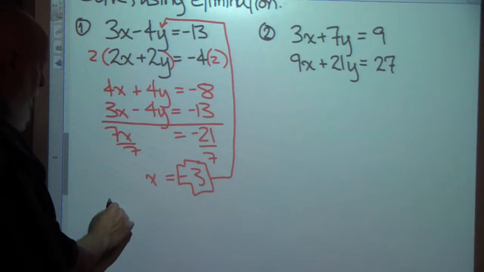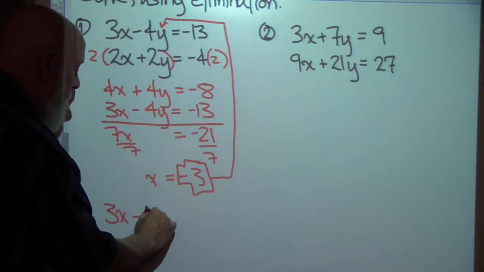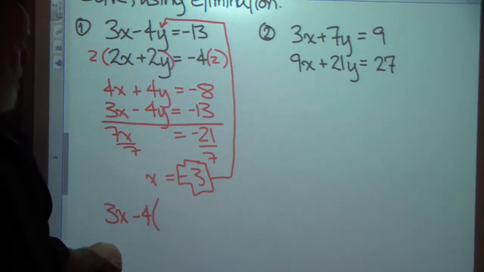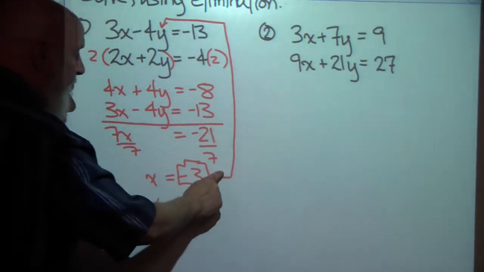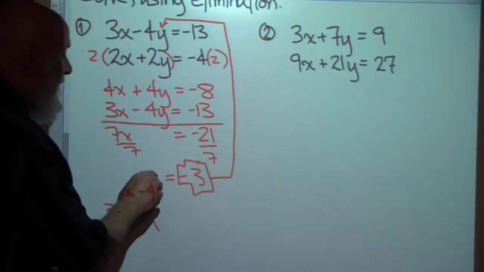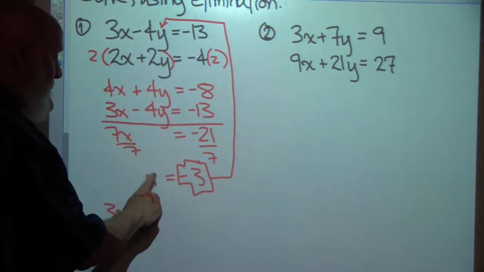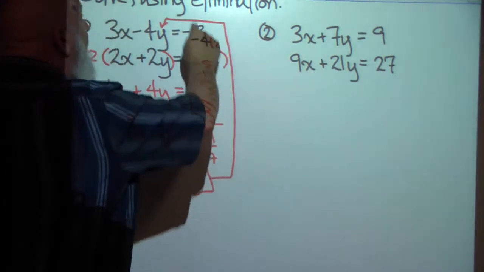I'm going to say 3x minus 4 times negative 3 instead of y. Oops, my bad. I plugged it into the y and I just found a value for x. So ignore that, I've got to plug it into x, not y. See what I did? So I'm going to plug it in here. Pardon that.